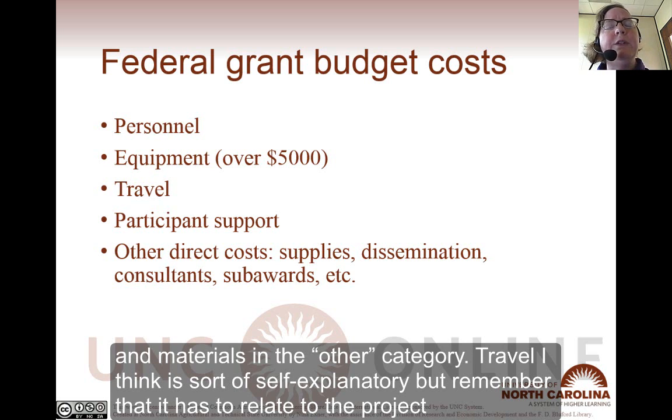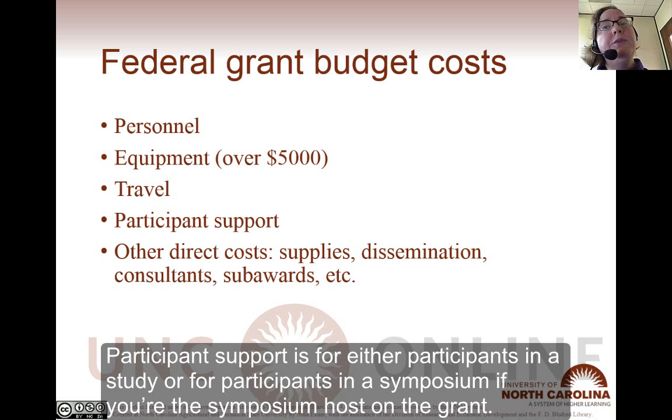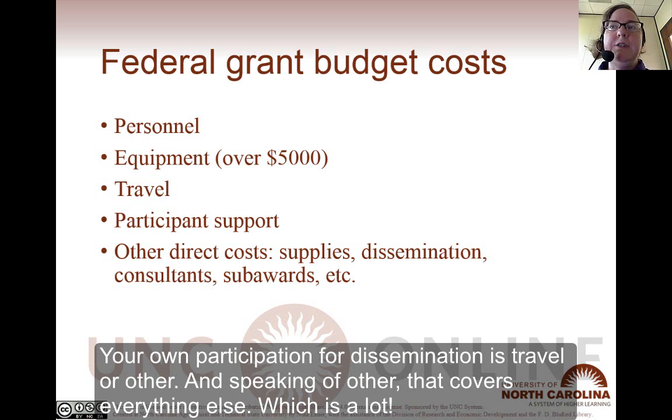Travel, I think, is sort of self-explanatory, but remember that it has to relate to the project, like travel to research sites or travel for dissemination of results. Participant support is for either participants in a study or for participants in a symposium if you're the symposium host on the grant. Your own participation for dissemination is travel or other.